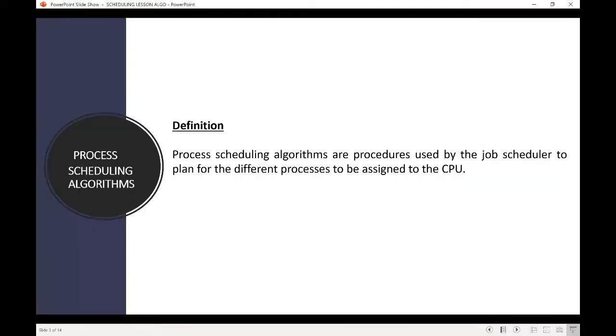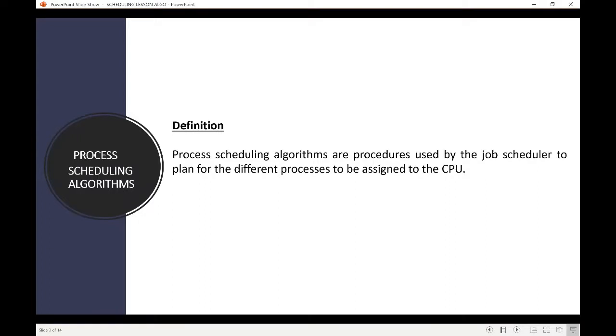So by definition, we define process scheduling algorithms as a set of procedures that are used by the job scheduler to plan for the different processes to be assigned to the CPU.